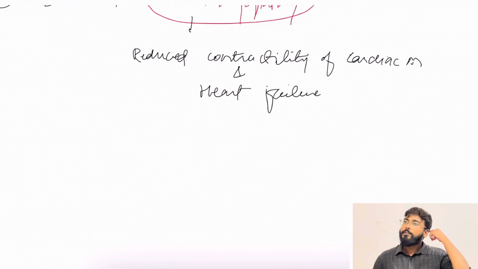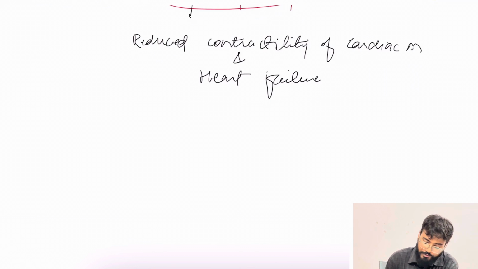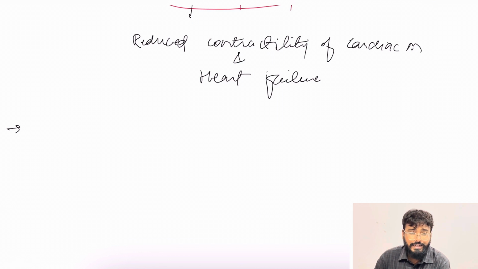Now we have seen the calcium ions play a really important role in contraction of cardiomyocyte. So can we say that calcium ion actually determines the inotropic state of heart?